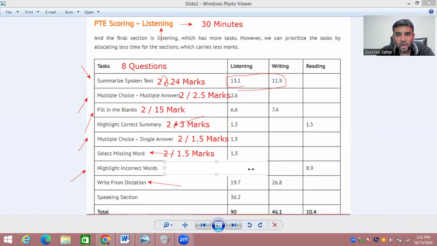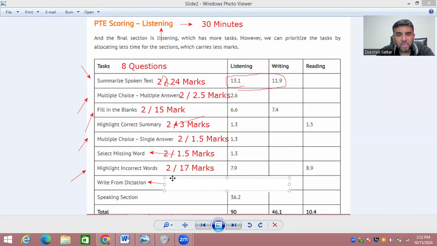This will be almost 2 to 3 questions in the exam, and these 2 to 3 questions will give about 17 marks. Write from dictation, the second highest marks question of PTE, total 3 questions almost, and these will contribute about 45 to 50 marks to your total PTE exam.